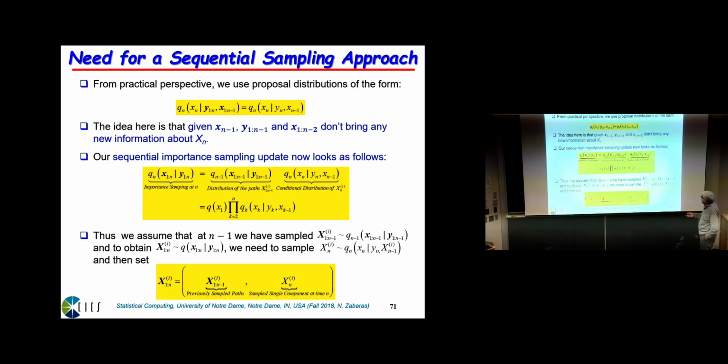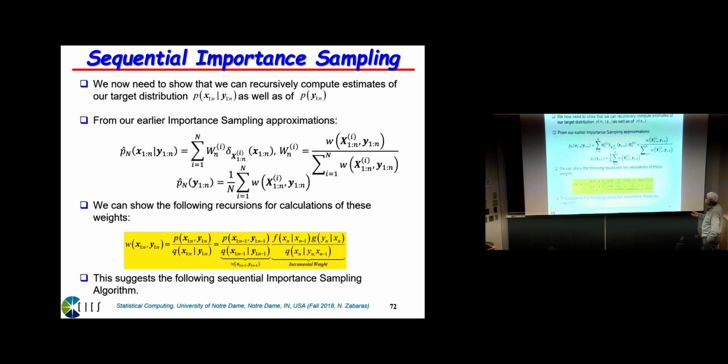So again, if you do this, this is how basically the weights will look like. These are the weights at the previous time, and these are the incremental weights that have extremely simple evaluation of the dynamical model and the observation system, and then a proposal distribution that looks very simple like this.